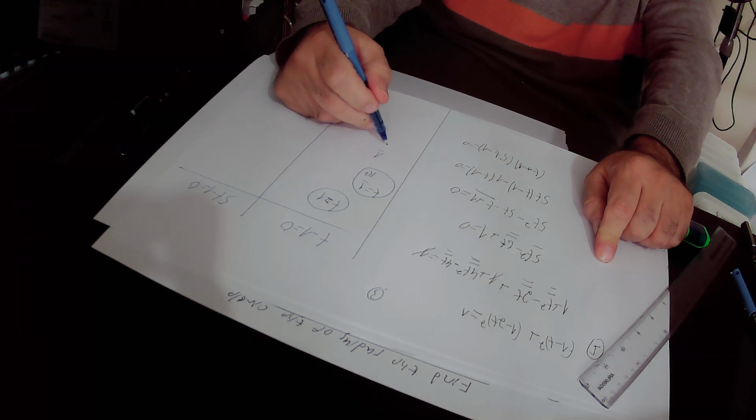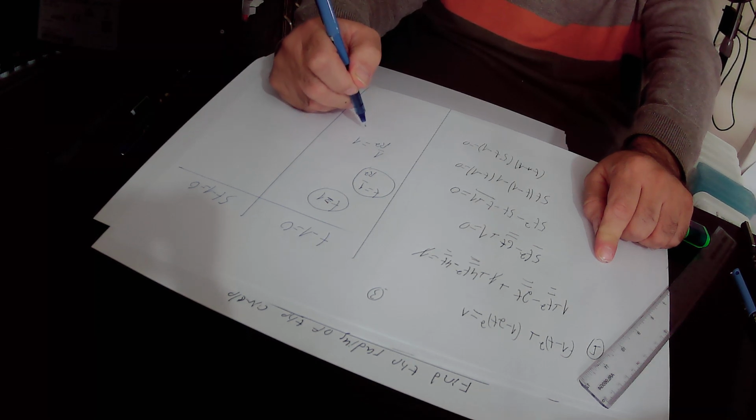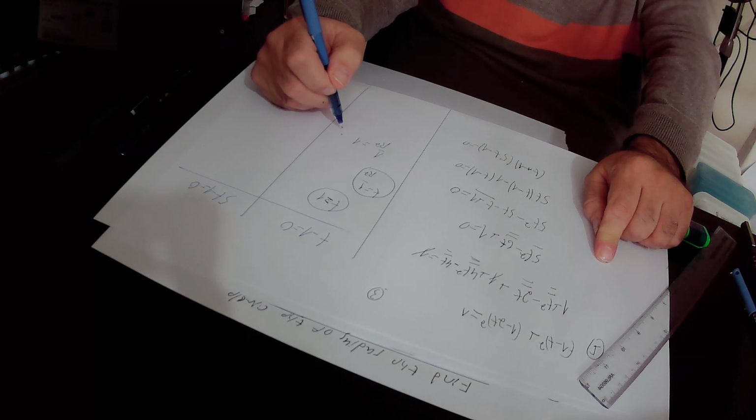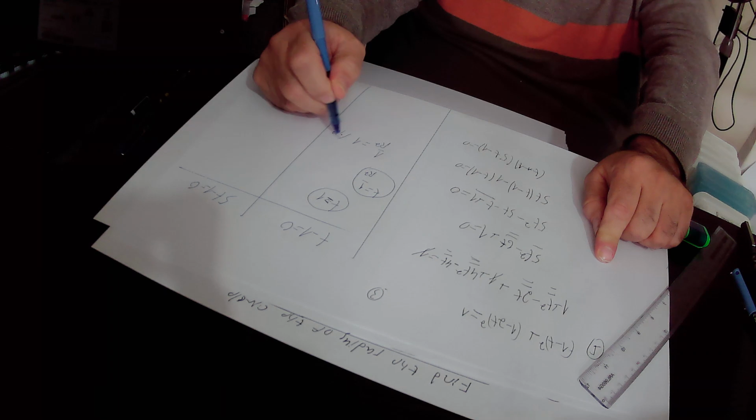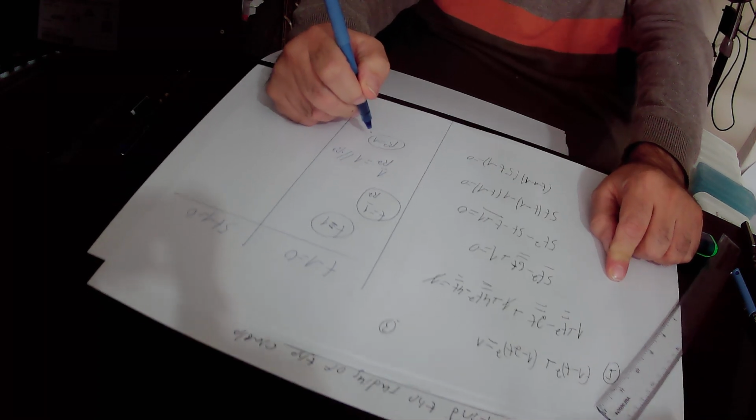So 1 over r squared equals 1. We multiply this equation by r squared, and we get that r squared equals 1.